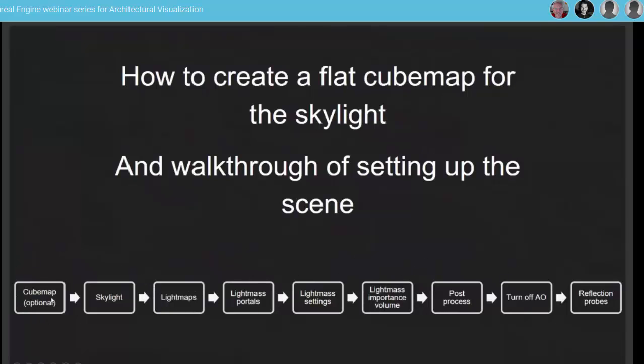But effectively it starts with creating a cube map, which I'm going to show you in a second, and then we add the skylight, and then we deal with our light maps. I'll explain that. We add our Lightmass portals, which again I'll explain in a minute. Then quickly tweak the settings, nothing too fancy. Add the Lightmass importance volume, and then deal with the post-process where I turn off the ambient occlusion, without forgetting to add our reflection probes, because they make a very big difference in the image.